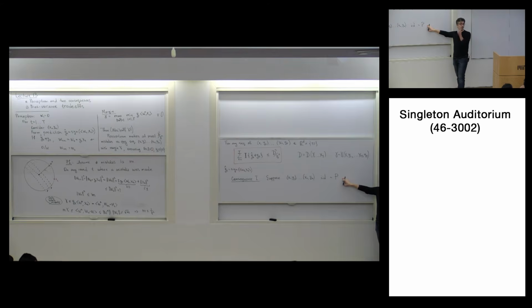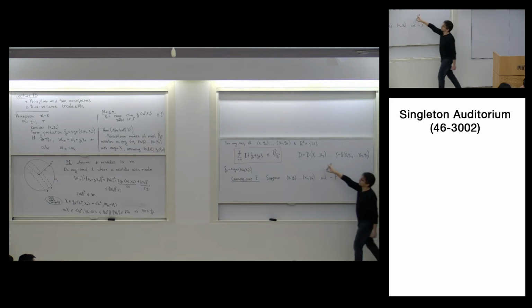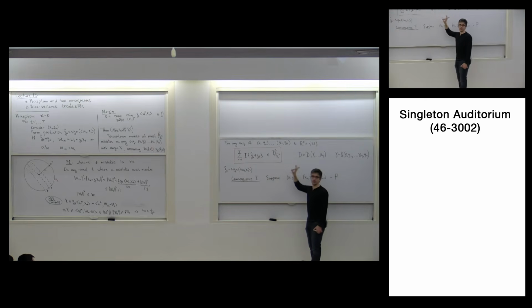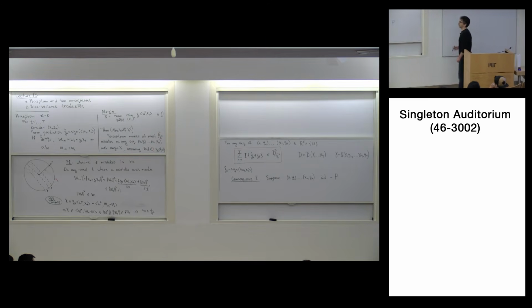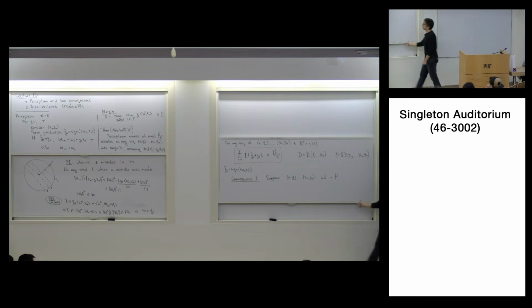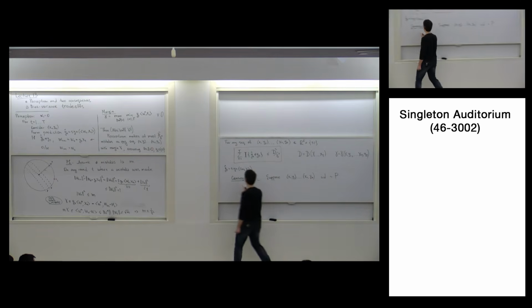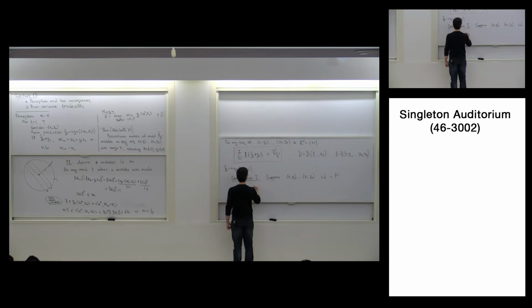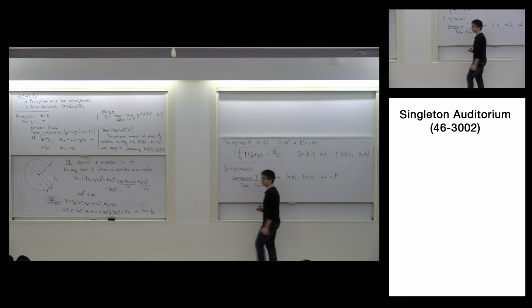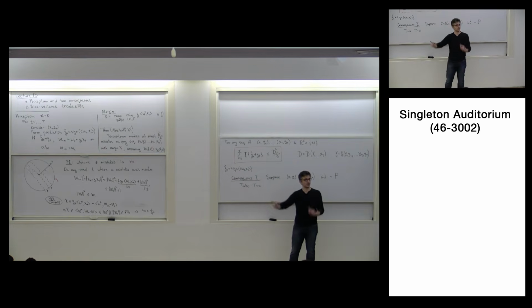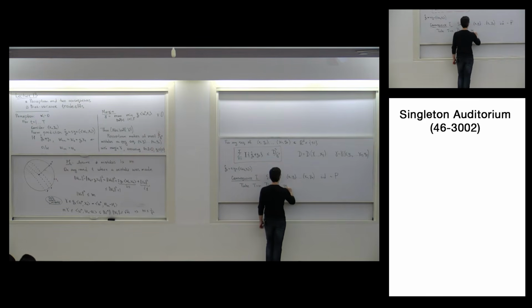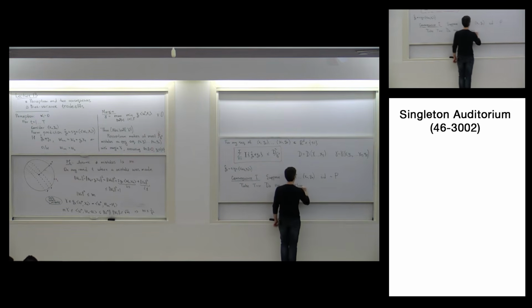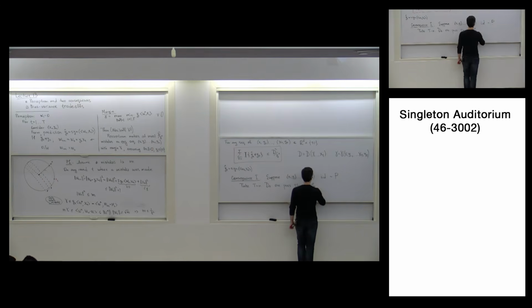So the question is, what happens when you run Perceptron on IID data? This result holds for arbitrary data. So what I'm going to do is take T to be equal to n, and do one pass through the data.